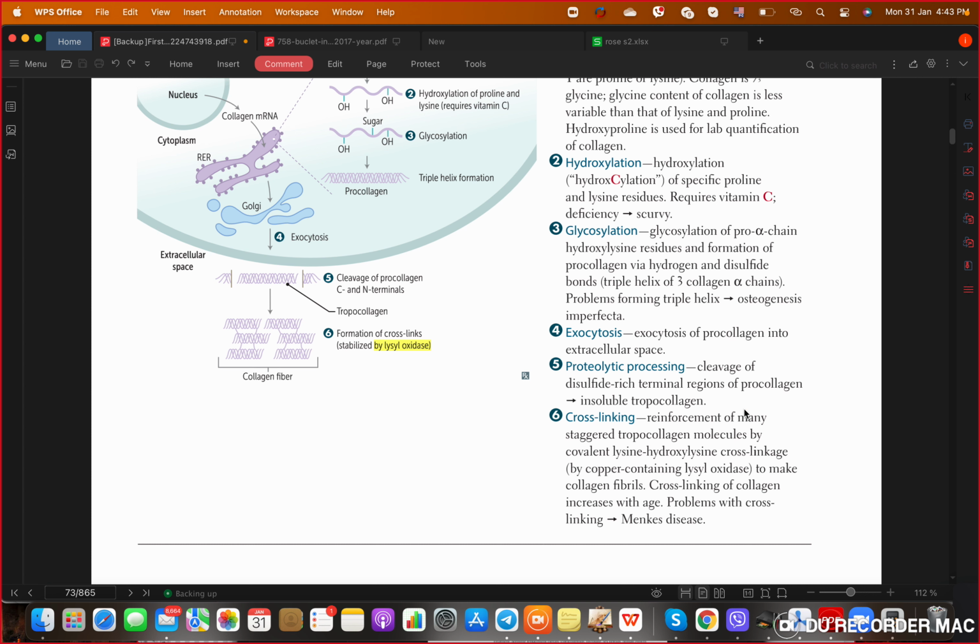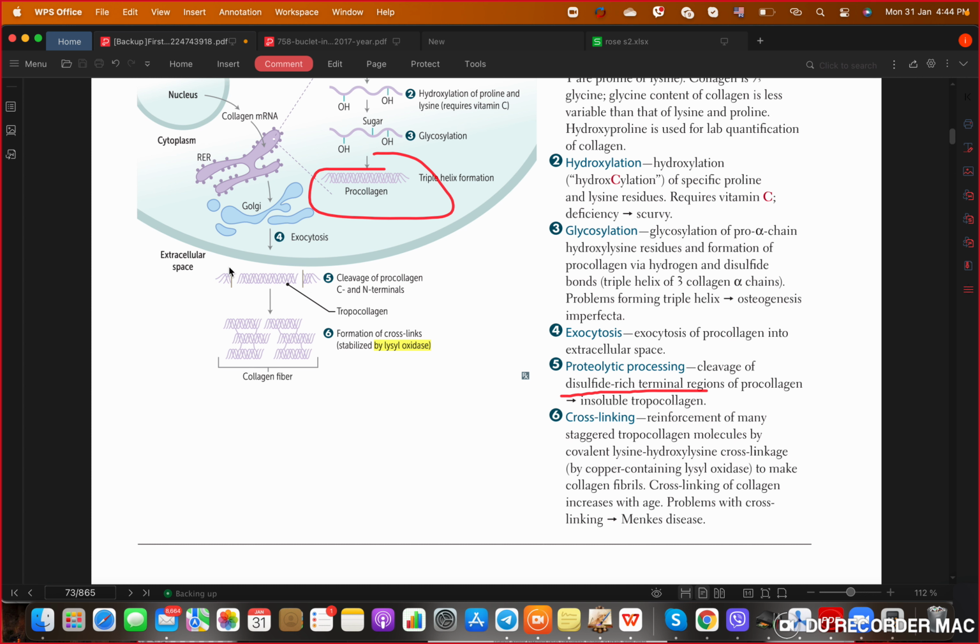Let me explain this point. As you said, we do the trimming. How do we do it? There is something called disulfide-rich terminals. What are these? The N terminal and the C terminal. So you just cut them out. This is the procollagen.